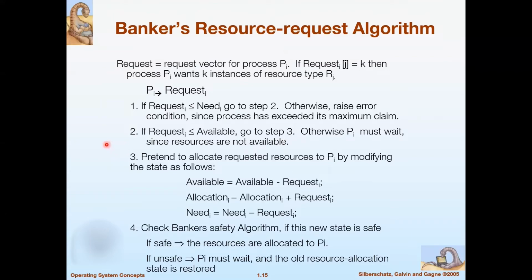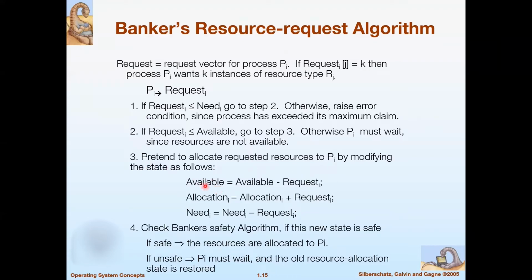Now the system will pretend the request is immediately granted, then check whether the system is in a safe or unsafe state. So in step 3, the system pretends to allocate the requested resources and modifies the following data structures.